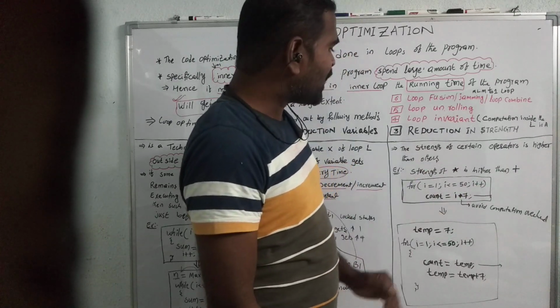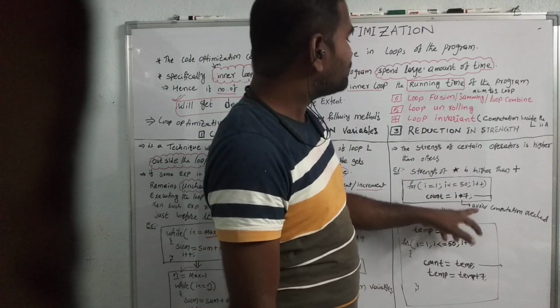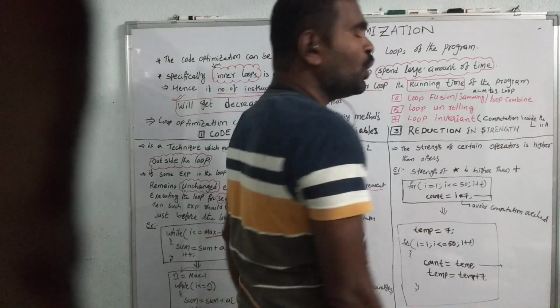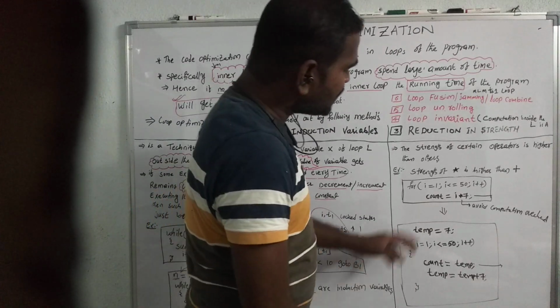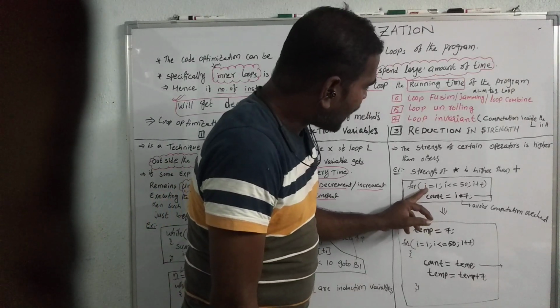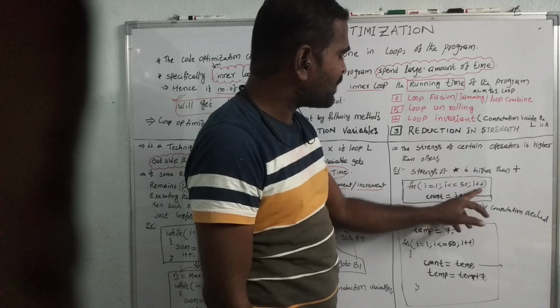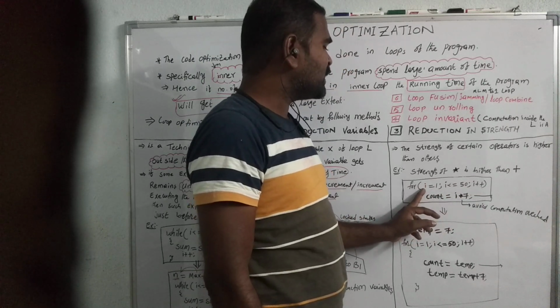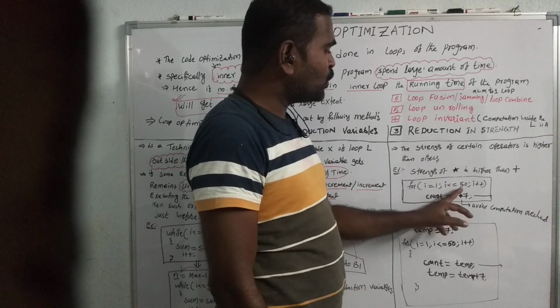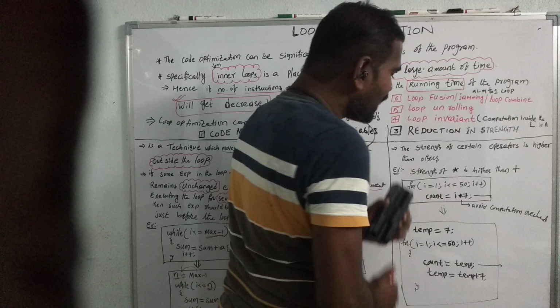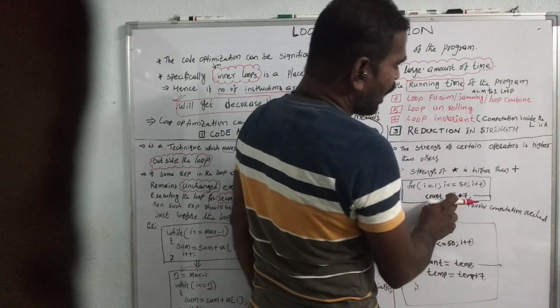So a higher strength operator is replaced by a lower strength operator. Here, I equals 1, I less than or equal to 50, I plus plus, so this loop repeats up to 50 times. Each time, count equals count plus 1.